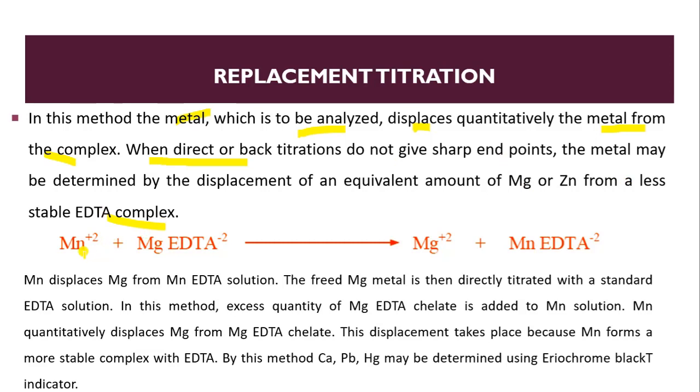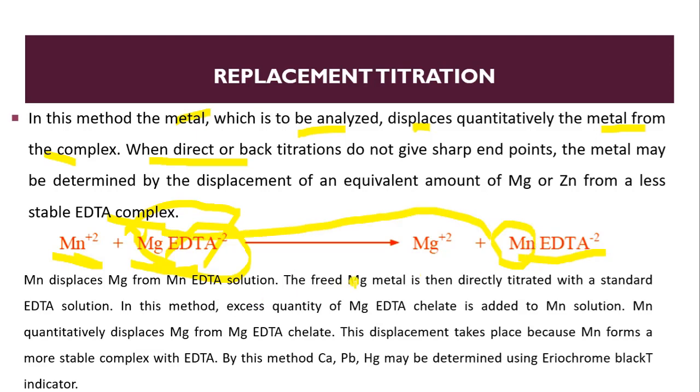For example, in one beaker we take EDTA solution. Now we are adding magnesium. So what happened? There will be a formation of magnesium EDTA complex. Now in that particular beaker, if we add manganese, this manganese displaces the magnesium, so it will produce a manganese EDTA complex.